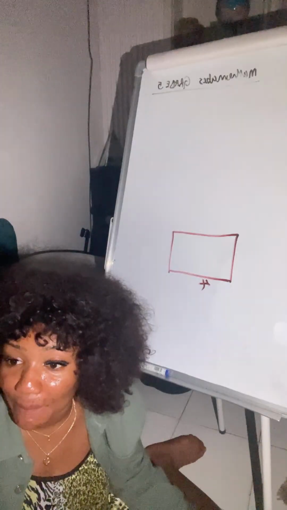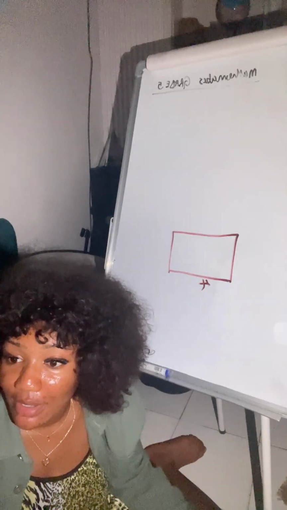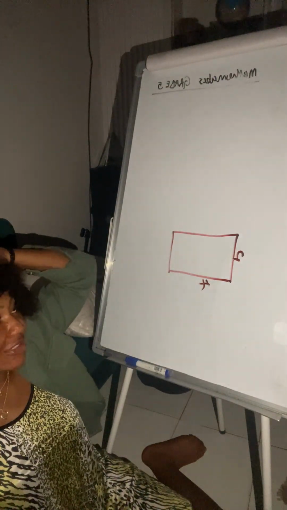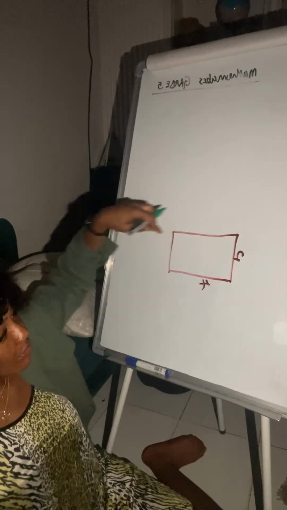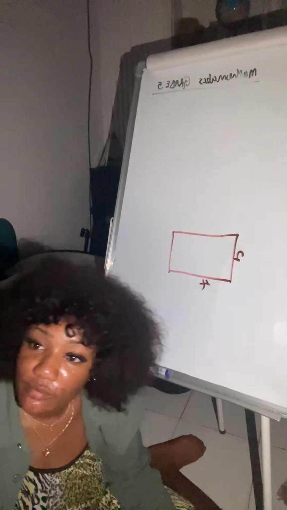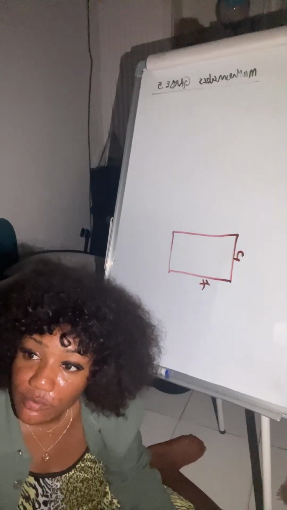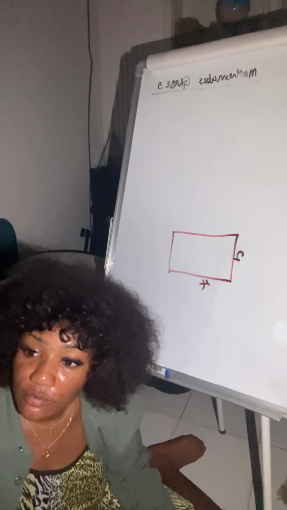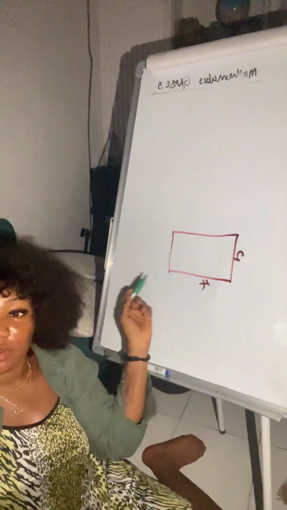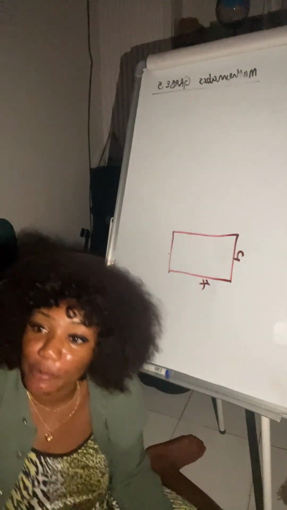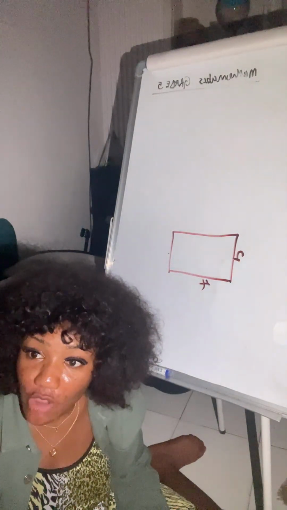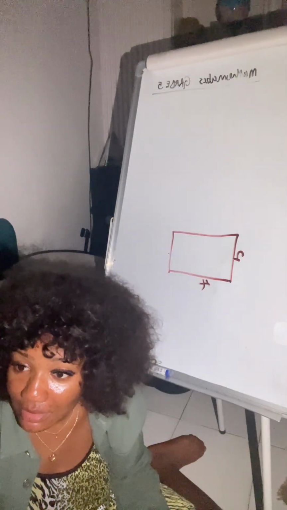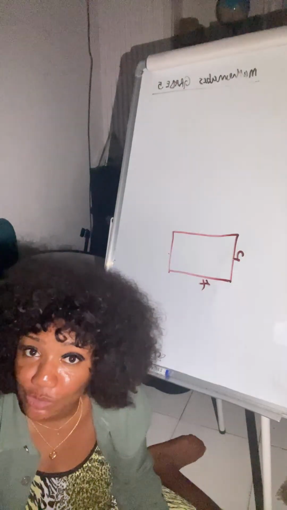And then its vertical displacement is probably 2. But the rectangle, what does the rectangle have in common? A rectangle has 2 sides that are equal and 2 other sides that are equal. It's a polygon, right? With 2 pairs of equal sides. Is that not what we learned? Yes, it is.